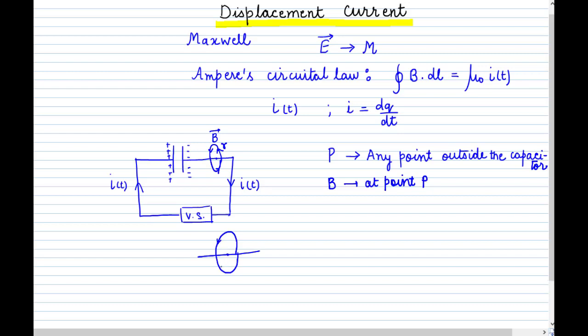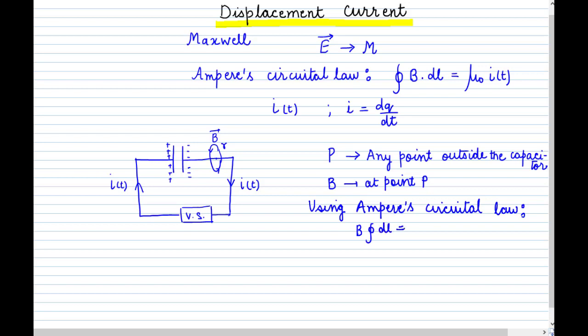So at each point the magnetic field will be in the direction of the loop, and the magnitude of B will be the same at each point of the loop. Using Ampere's circuital law, we can write B dot dl is equal to mu naught I. B is the magnetic field and, because it is a circular loop, the total length traveled is the circumference 2 pi r, and mu naught I, where I is always a function of time.